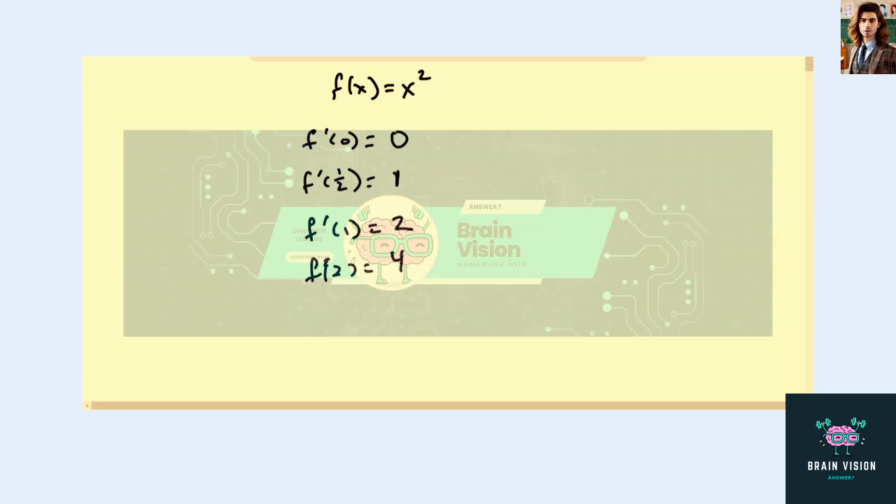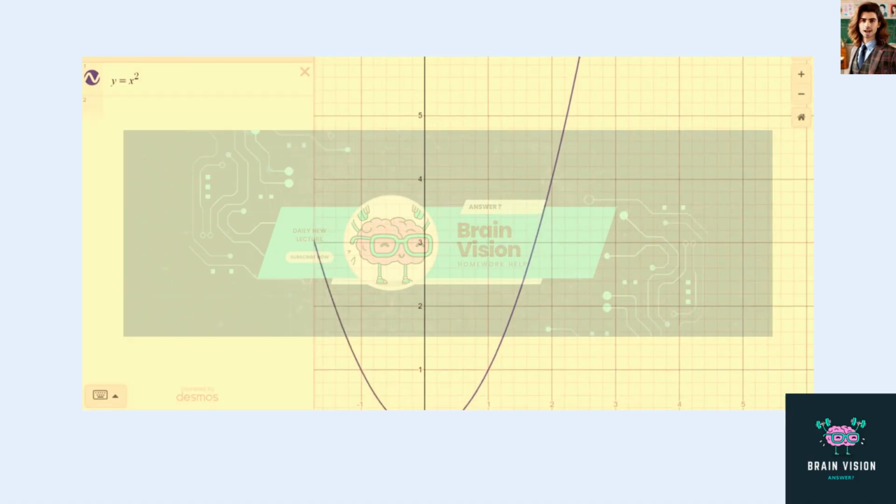Okay. Then it says by symmetry, to estimate the value of f prime at negative 1/2, f prime at negative 1, and then f prime at negative 2. All right, by symmetry.